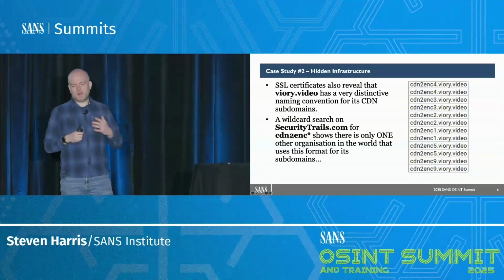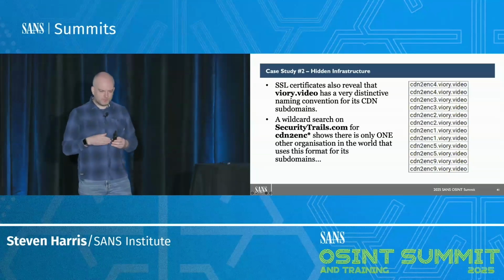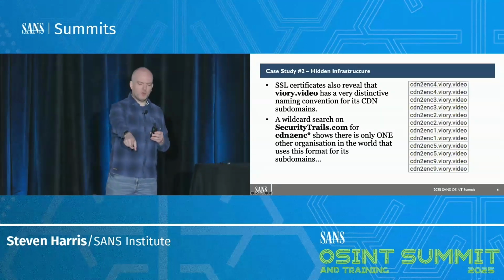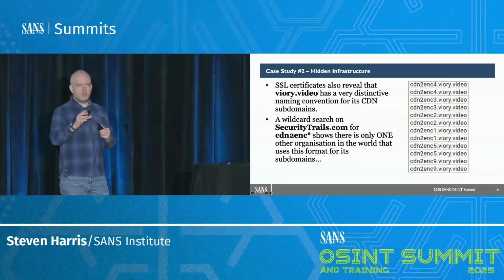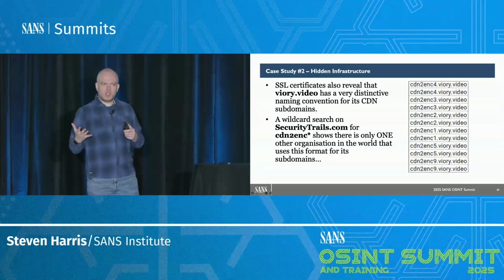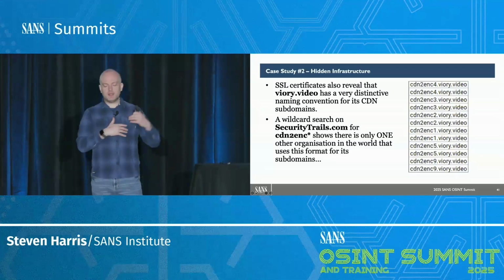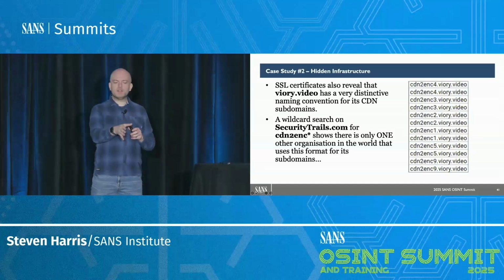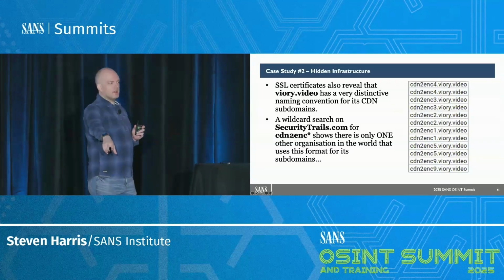Well, okay, admins make their own decisions about how they name their infrastructure, but I thought this is kind of weird. Do any other organizations use this same weird subdomain format? So I went to SecurityTrails, which has huge historic records of DNS records, and I did a wildcard search for this same term, cdn2enc.